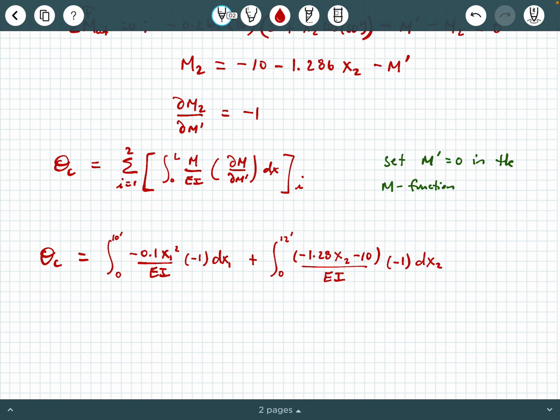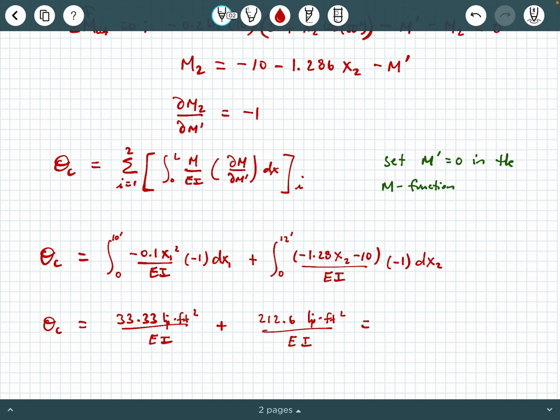And so we can evaluate these integrals. I evaluated them already. I got 33.33 kip feet squared over EI plus 212.6 kip feet squared over EI.